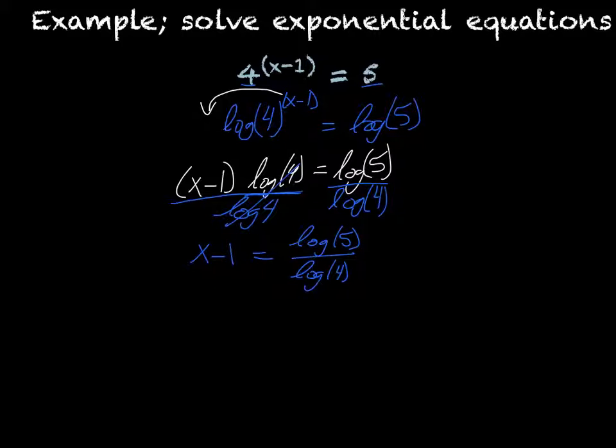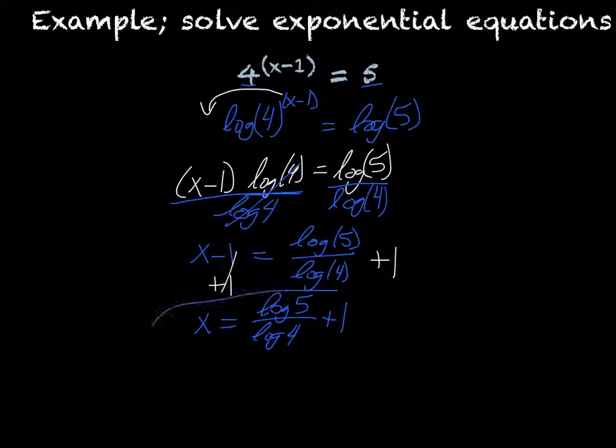At this point, if you want to, you could type that into your calculator and get a decimal answer. But we do have one more step. We got to get the x by itself. So you add the 1, and your final answer is x equals the log of 5 divided by the log of 4 plus 1.